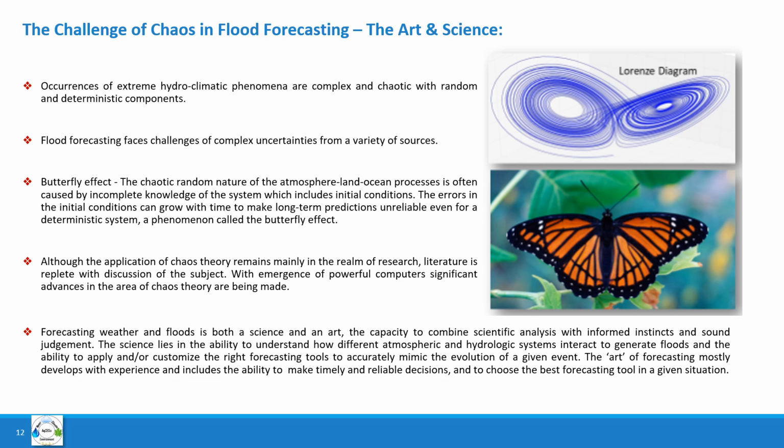Forecasting weather and floods is both a science and an art: the capacity to combine scientific analysis with informed instincts and sound judgment. The science lies in the ability to understand how different atmospheric and hydrologic systems interact to generate floods, and the ability to apply and or customize the right forecasting tools to accurately mimic the evolution of a given event.